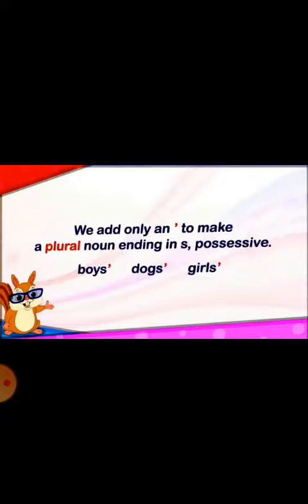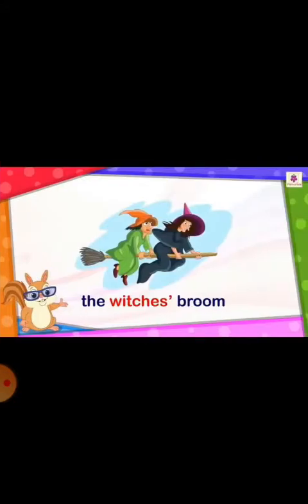So no need to put extra S. The apostrophe is enough to make them plural possessive nouns. As you can see in the example, the witches' broom.